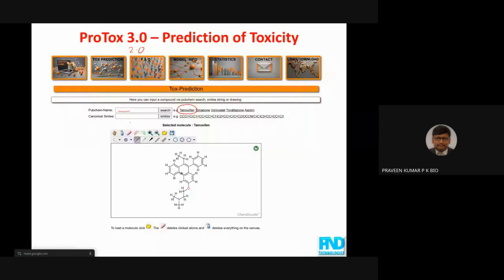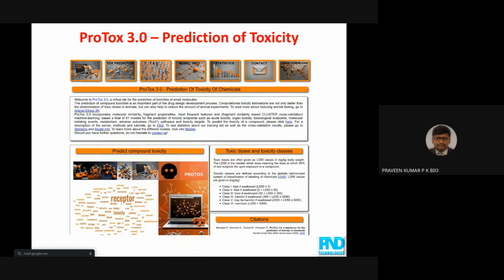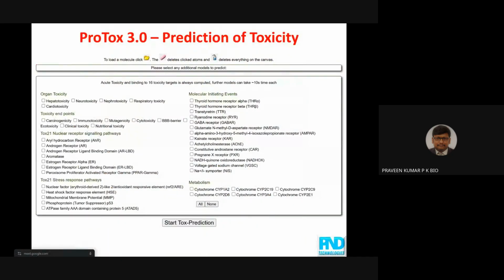Or you can also feed an input in SMILES format, and if you search, this is the tool for toxicity prediction in Protox 3.0.